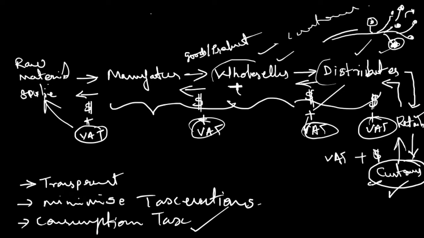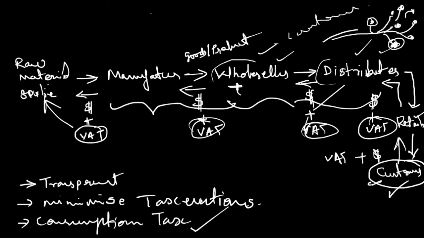So this mechanism ensures that the tax is neutral regardless of how many transactions are involved. In other words, it is a multi-stage tax. You can see different stages, right? It is levied only on value added at each stage in the chain of production of goods and services, with the provision of a set off for the tax paid at an earlier stage in the chain.